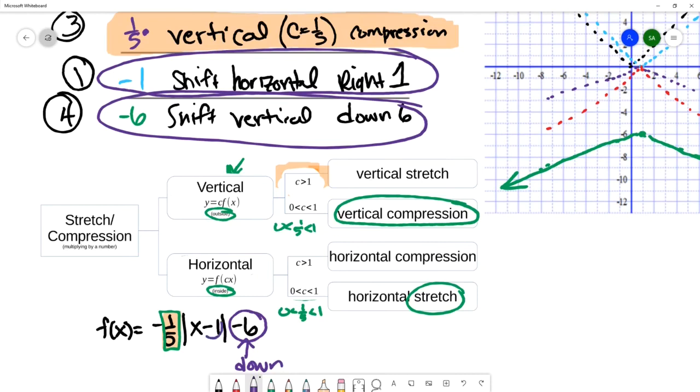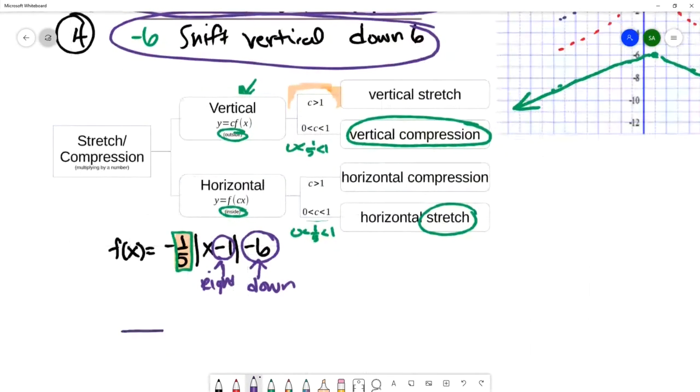However, -1 being right goes opposite of your intuition, because on the number line, things that are on the right are positive and things that are on the left are negative. So the shifts are another example of the vertical transformations following your intuition and your horizontal transformations going opposite of your intuition.